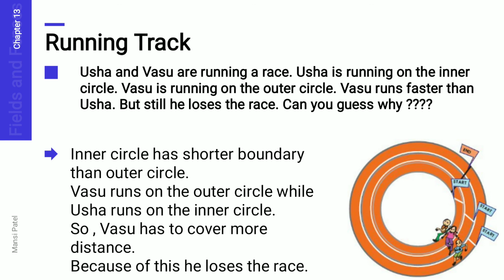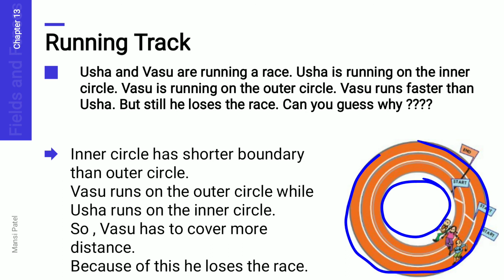See here, you can say that the inner circle has a shorter boundary than the outer circle. This is the inner circle and the boundary of this inner circle is short, whereas this is the outer circle and the boundary of this circle is longer. And you know that Usha is running in this track whereas Vasu is running in this track.